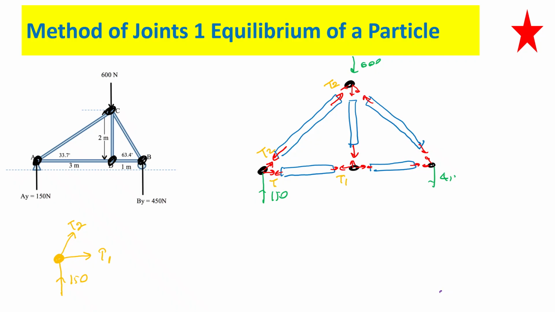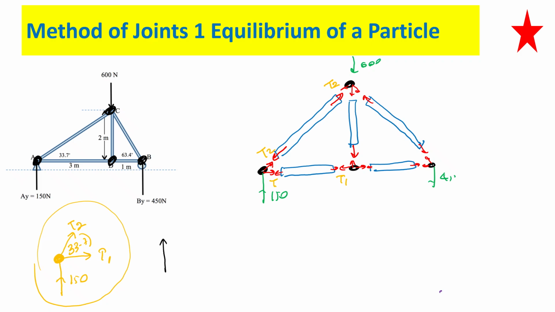And this angle is 33.7. It's given. So this is a particle which is under equilibrium, isn't it? So you have already done this question. So how do you find T1 and T2? If you consider this equilibrium, if you find the components in the y direction, it should be equal to 0.